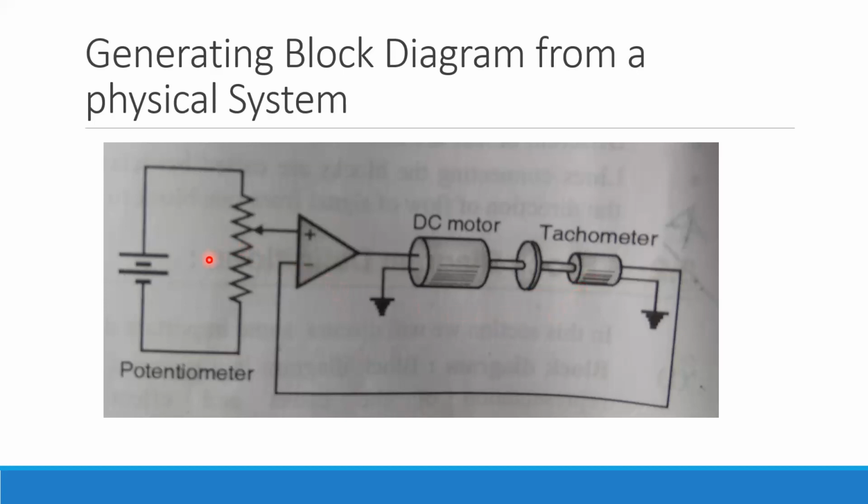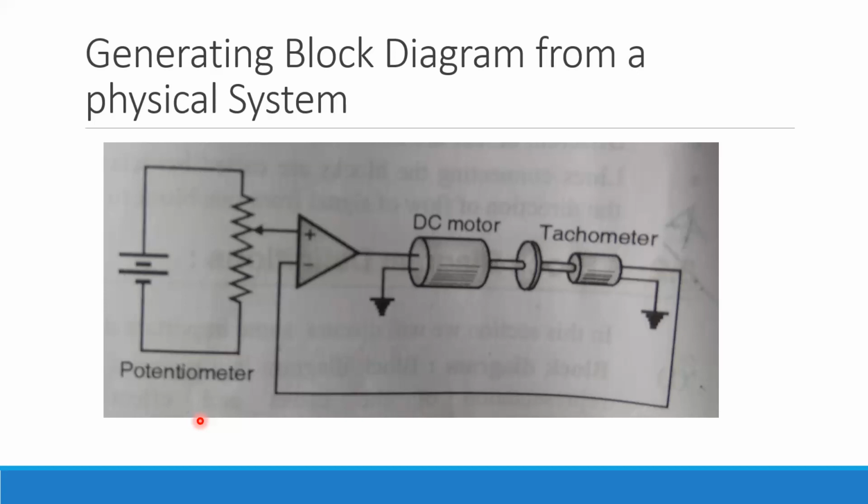The sequence is: the signal comes from the potentiometer, then it is amplified, then it is given to the DC motor, and the speed, the RPM, of this DC motor is measured with the help of a tachometer, and that tachometer gives a signal back to the amplifier so that it is compared with the input. This is actually a velocity control system of a tape recorder.